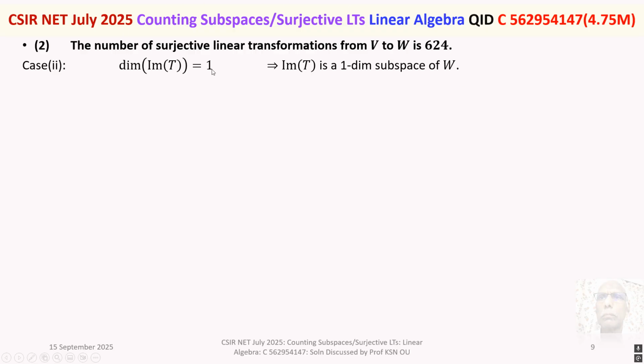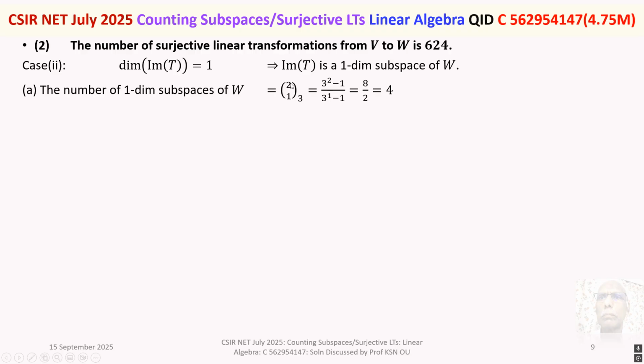Therefore, the dimension of the image of T is 1 means the image of T is a one-dimensional subspace of W. So how many such one-dimensional subspaces are there for W? The number of one-dimensional subspaces of W is given by the Gaussian binomial coefficient.